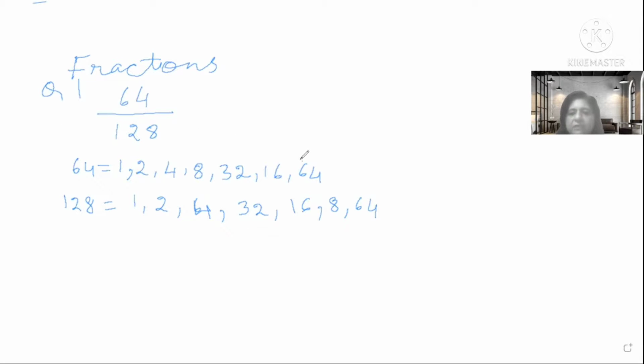Now what is the highest common factor here? So here the highest common factor between 64 and 128 is 64.